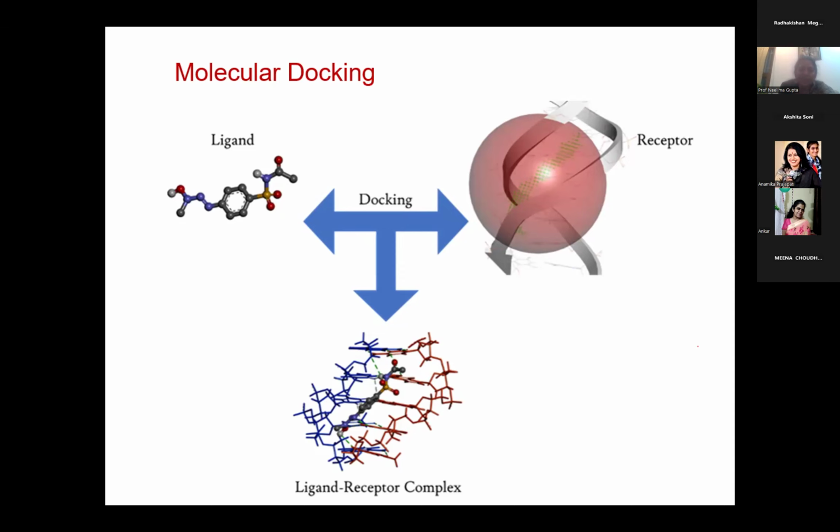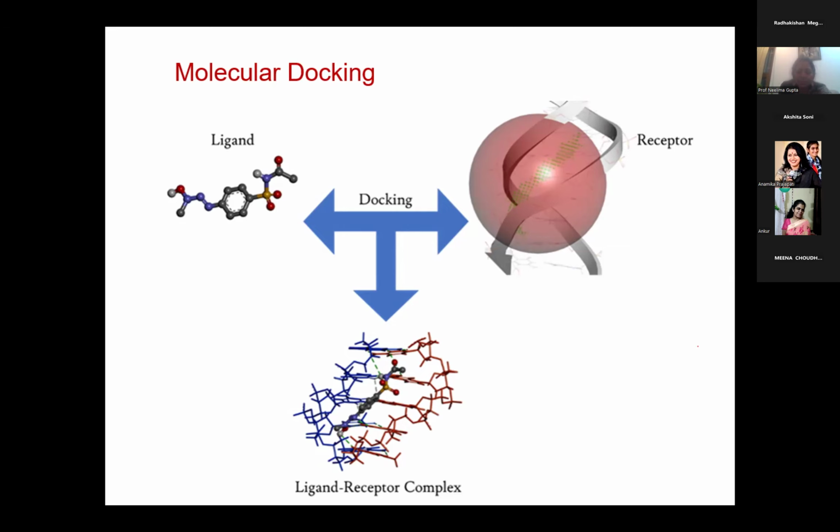So for that ligand receptor complex, here you can see in this slide at the bottom that the molecule has fitted in the DNA, intercalation is there, and certain broken lines are shown there which represent certain biomolecular interactions.